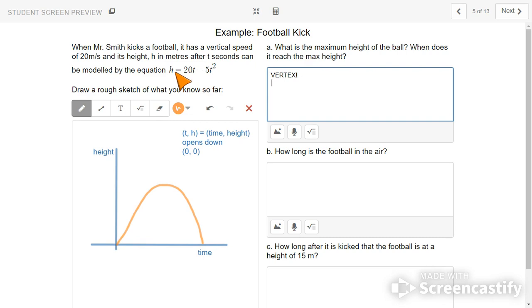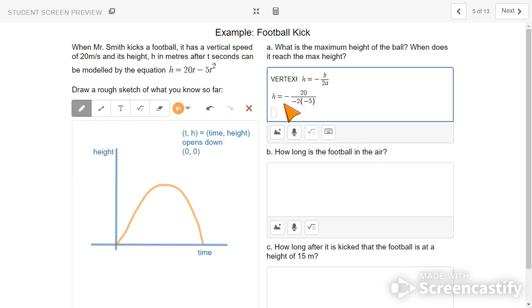Your choice. Right now, I'm going to use h is equal to negative b over 2a. So we have b as in 20, over negative 2 times negative 5. Now be really careful here because the original equation isn't in the ax squared plus bx plus c form. The a term came after the b term.